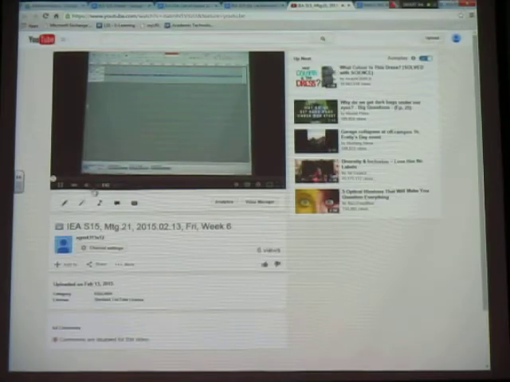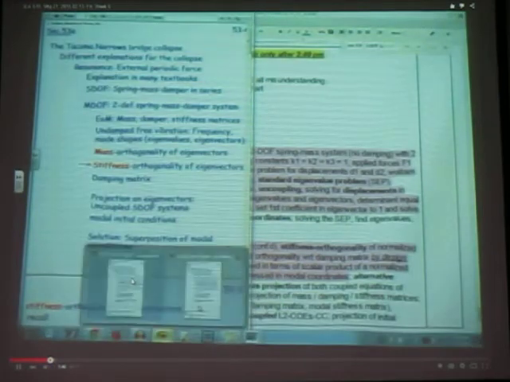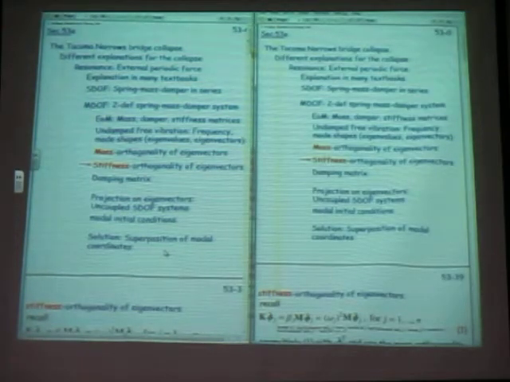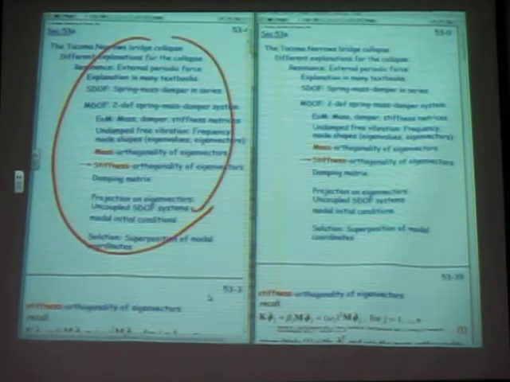If you bring this up and go to the time of what I did in class, it's ready here for you already, in the form of the table of contents at the top of my lecture notes.